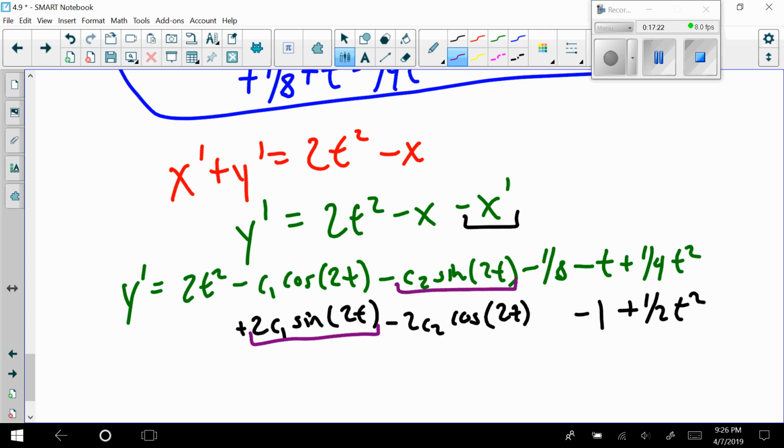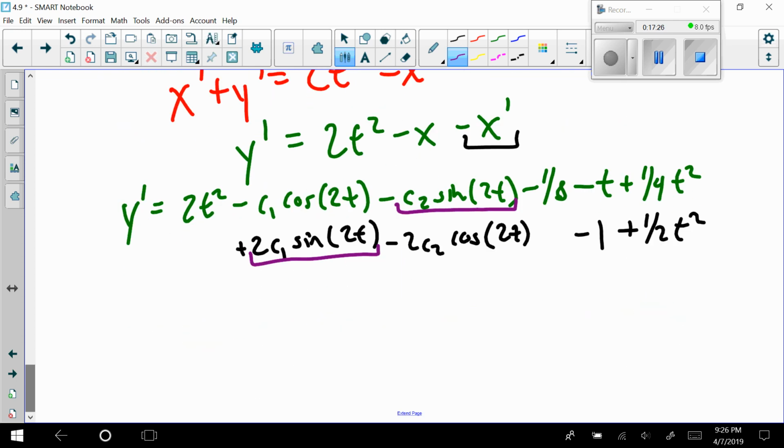So that should make, but this one has c sub 2, this one has c sub 1, which means I can't actually combine those. Okay, that's a little bit frustrating, right? A little bit. I can't combine those. Okay, so that would be a 2 c sub 1 minus c sub 2, and they both have sine of 2t.